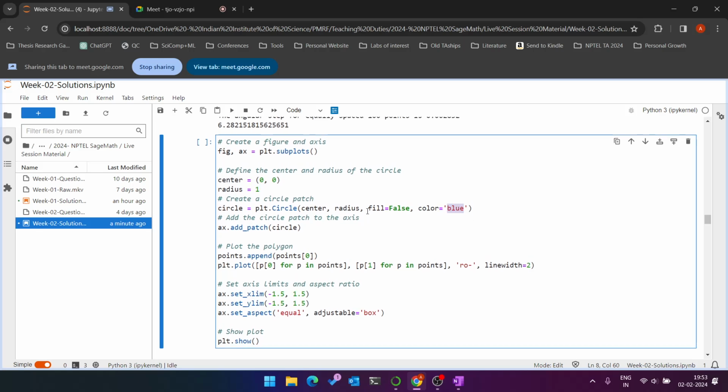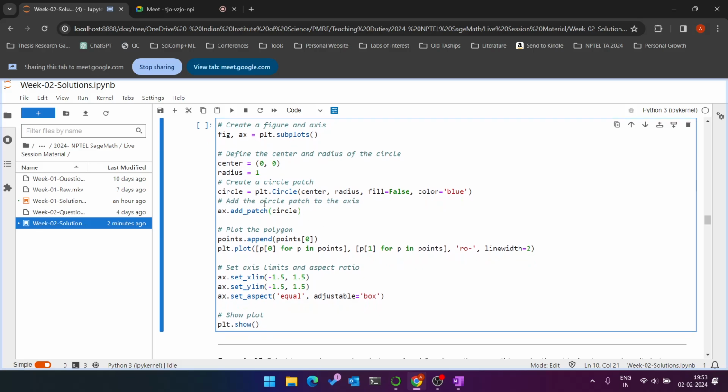Another way to do it is we could say take 1000 equidistant points on the circle and plot just x1, y1, x2, y2 all the way using plt.plot, which, if you remember, is nothing but a series of one after another straight line segments between two adjacent points xi, yi, and xi+1, yi+1. So this code basically adds a circle with center at origin, unit radius, which is not filled and has a boundary of color blue.